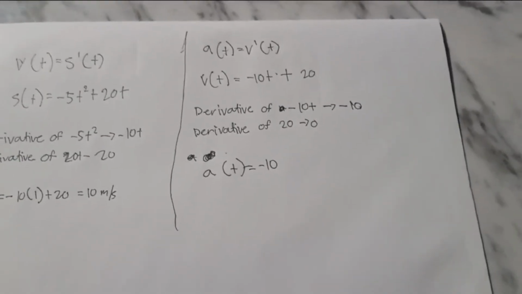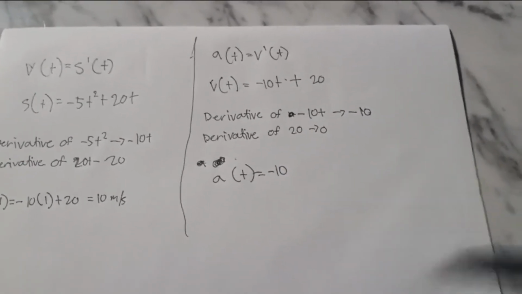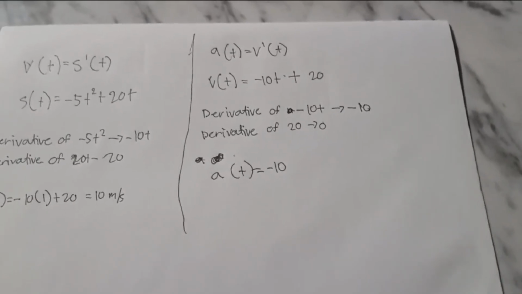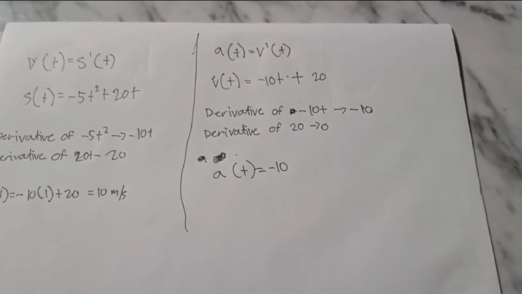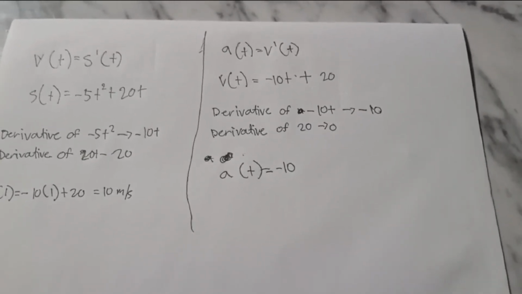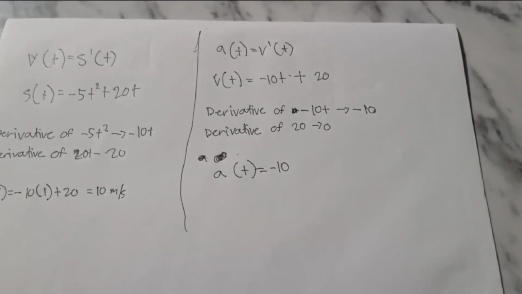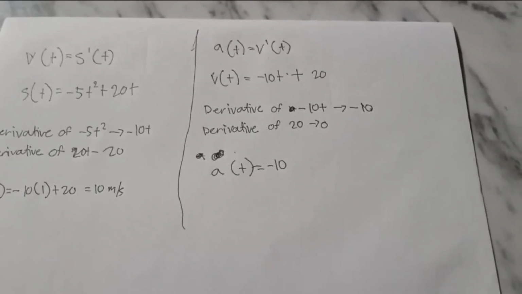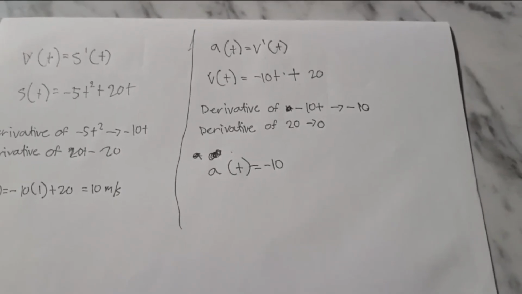So acceleration is a of t equals negative 10. This means gravity slows the ball down by 10 meters per second every second. The upward speed decreases until it reaches 0, then the ball falls back down. That's how derivatives show the changes in the ball's motion, from position to velocity to acceleration.